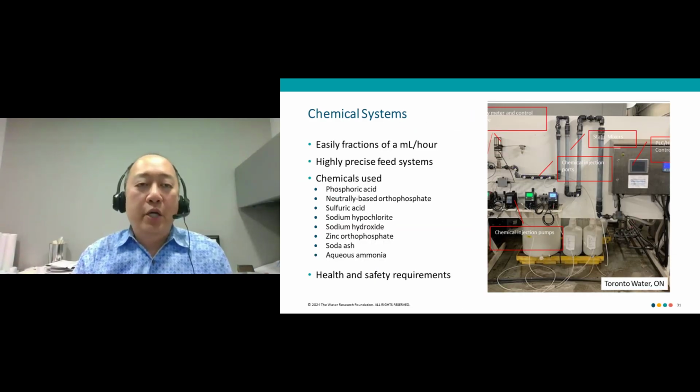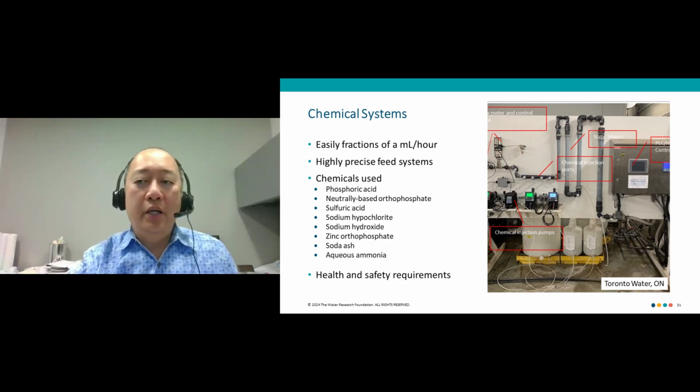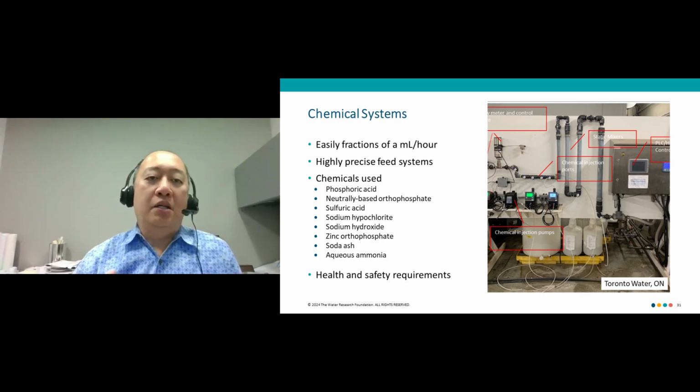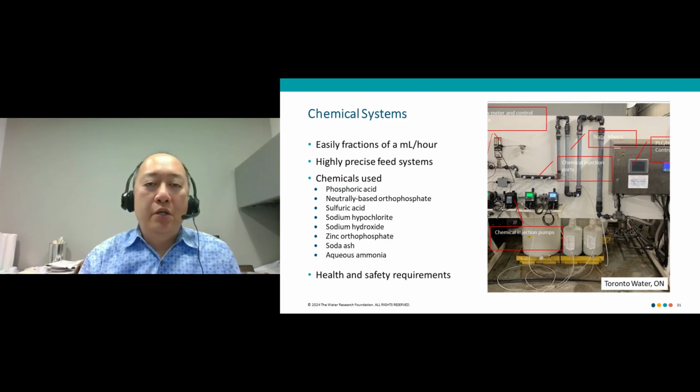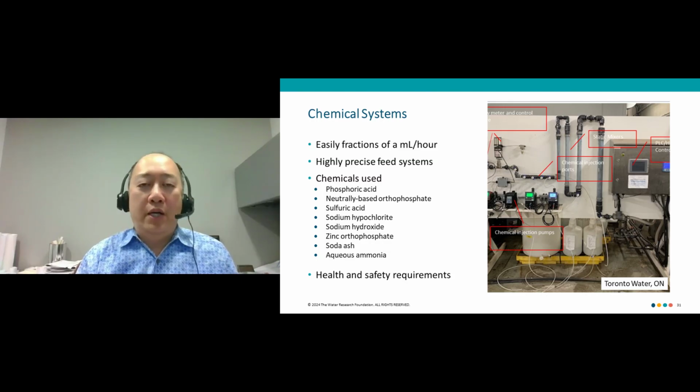A key consideration for the design of pipe rigs is the chemical systems. And this is actually a uniform comment by the utilities, saying that this is probably the hardest part of the test rig because chemical use is so low, easily in fractions of a mL per hour, and therefore needs highly precise feed systems that require controls and interlocks with the pipe rig so that we are getting the correct chemical use through the system.